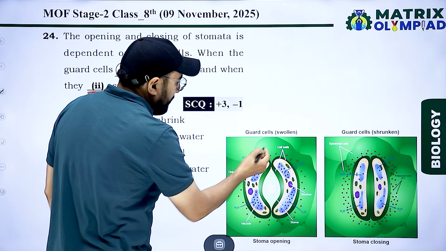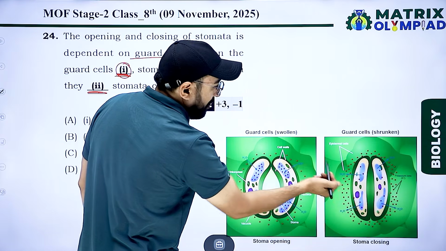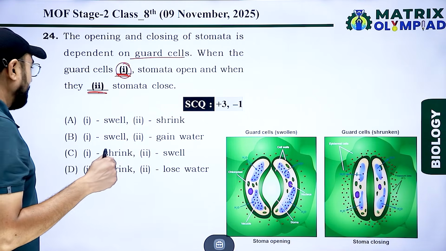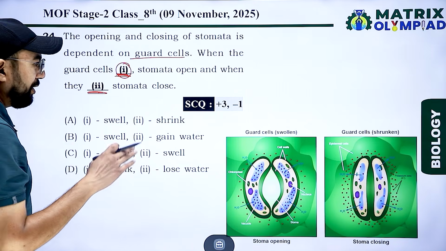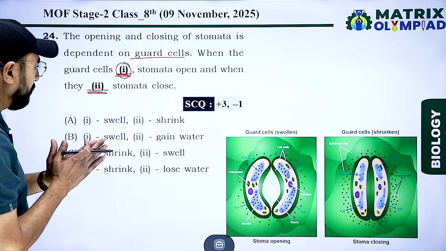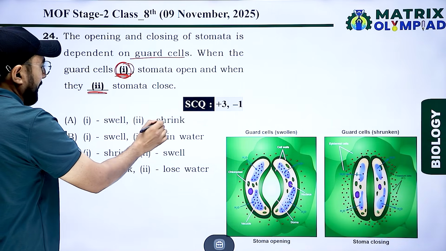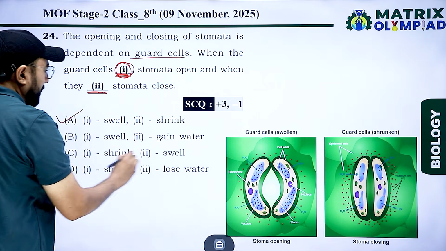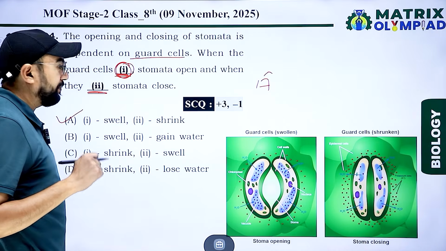In the diagram, the swollen condition is open and the shrunken condition is closed. First is swell and second is shrink. Option A is right for this question.